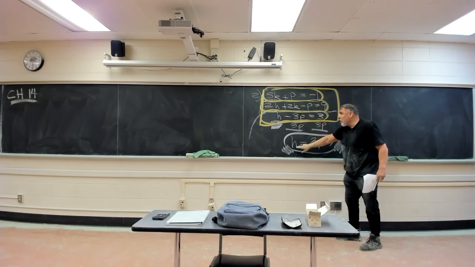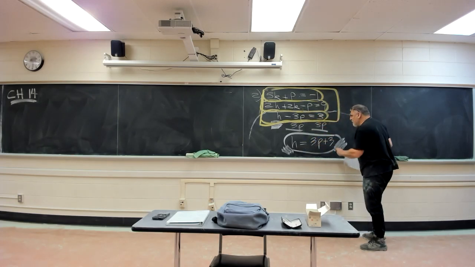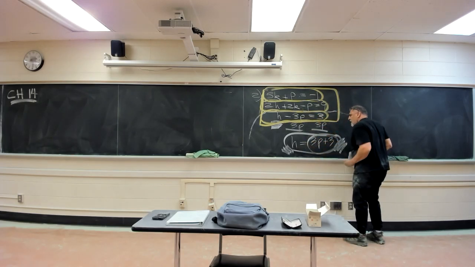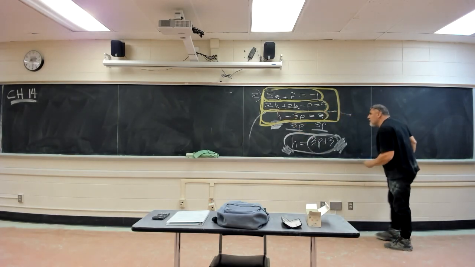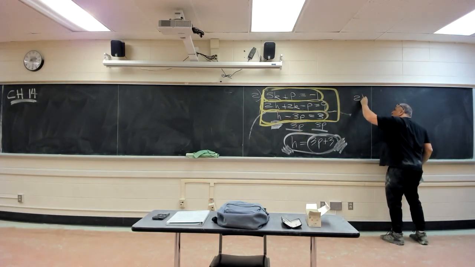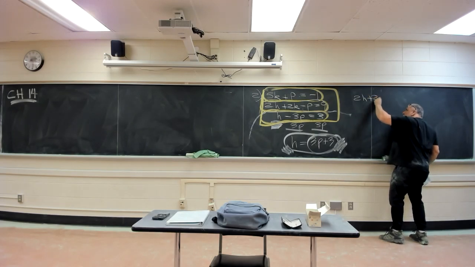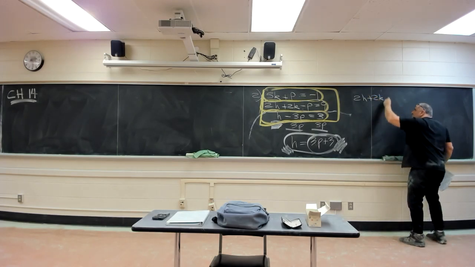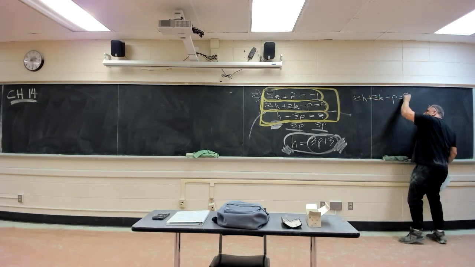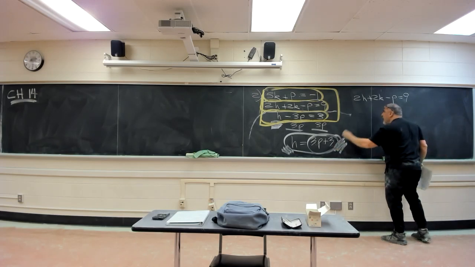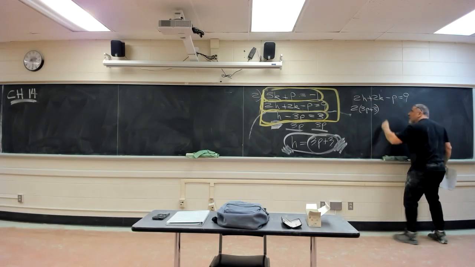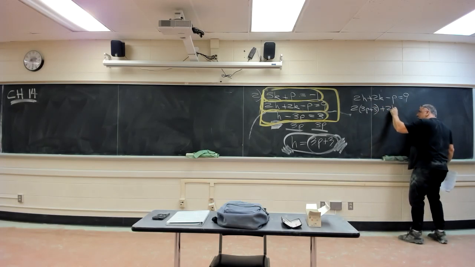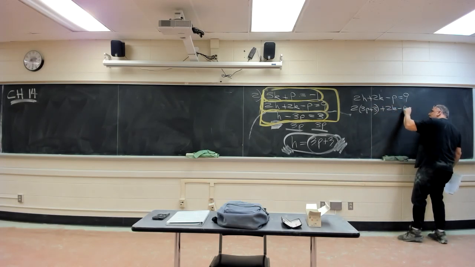If I said wherever I see an h, I'm going to put 3p plus 3, so I'm going to take that second equation, 2h plus 2k minus p equals 9. I'm going to say h is equal to 3p plus 3. 2k is 2k. Minus p is minus p, and you got 9.